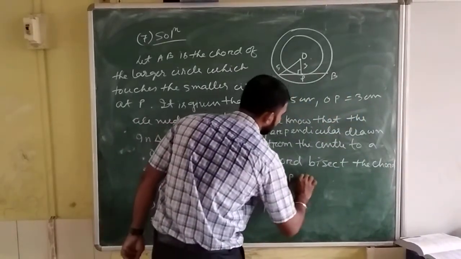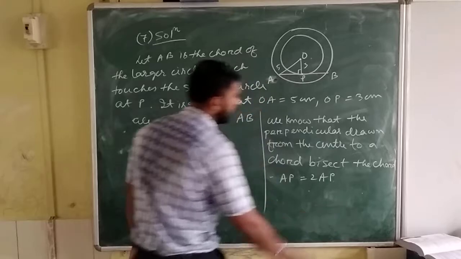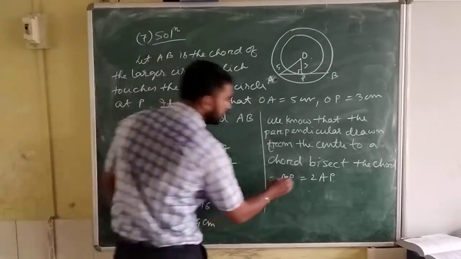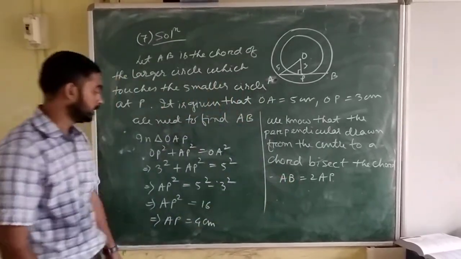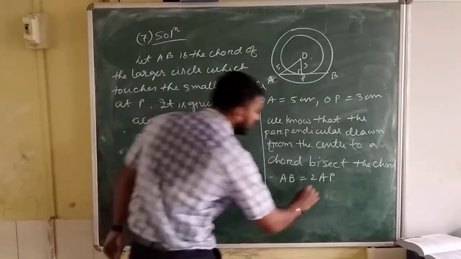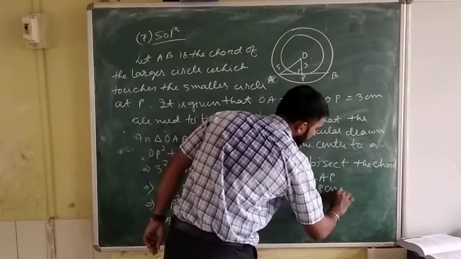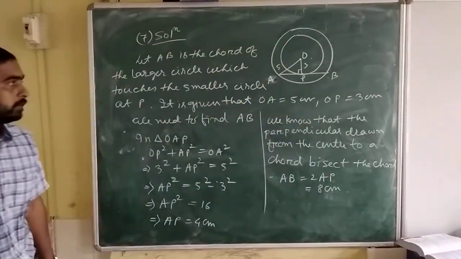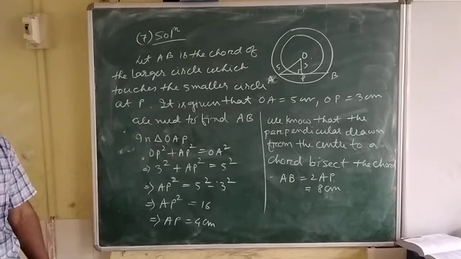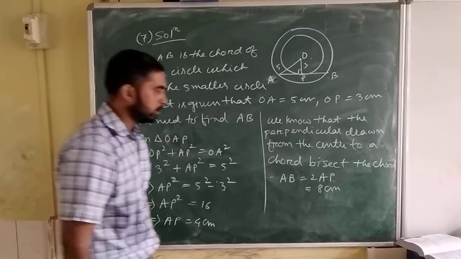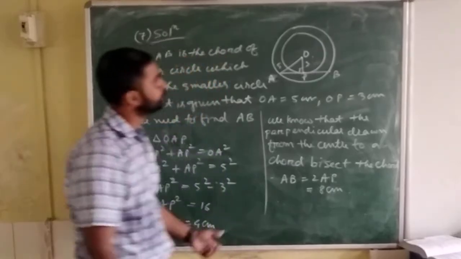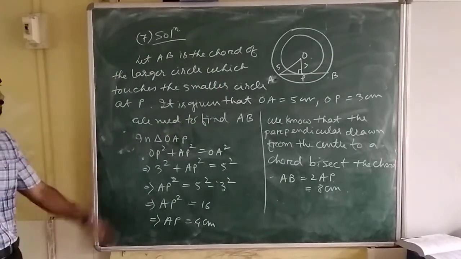Therefore, AB equals twice AP. What is AP? 4. So 2 into 4 is 8 cm. So the length of AB equals 8 cm. Got it? This is the solution.